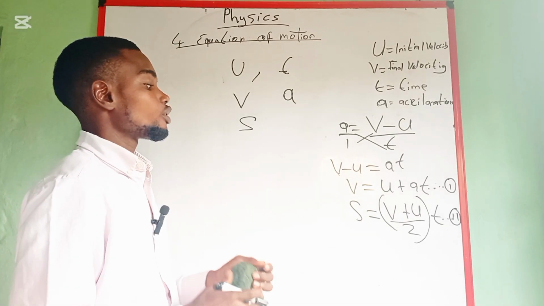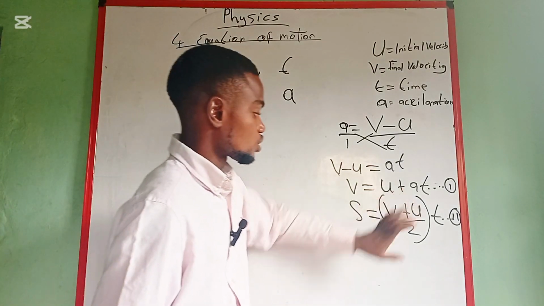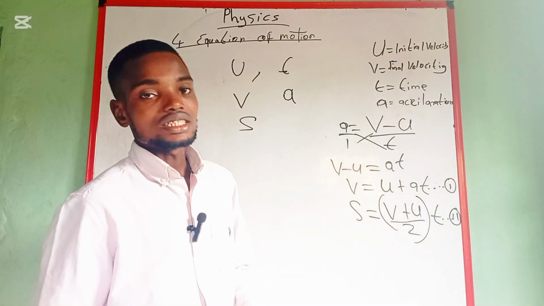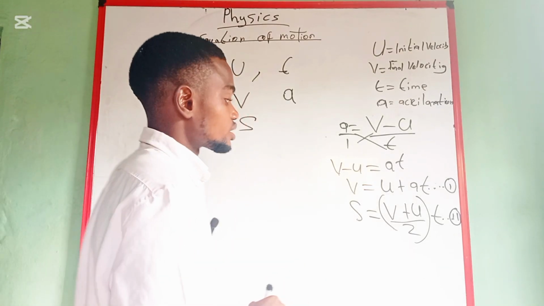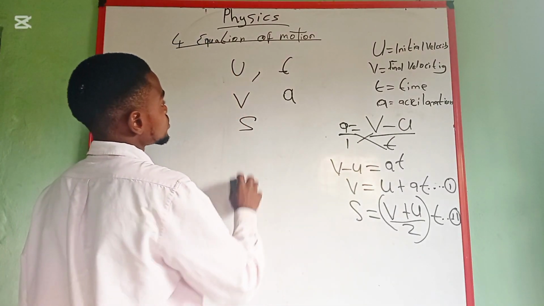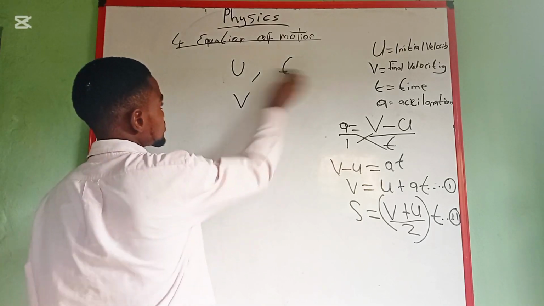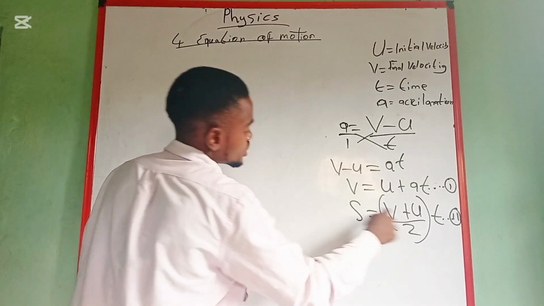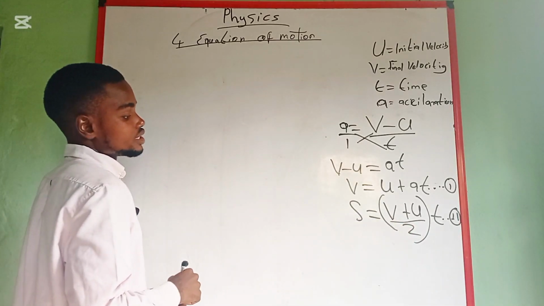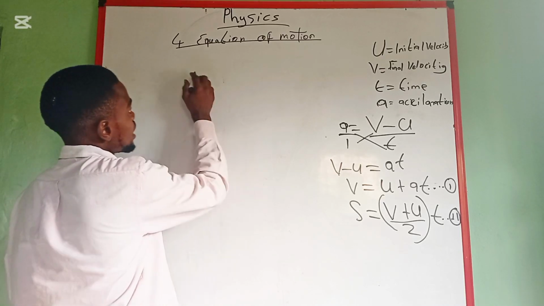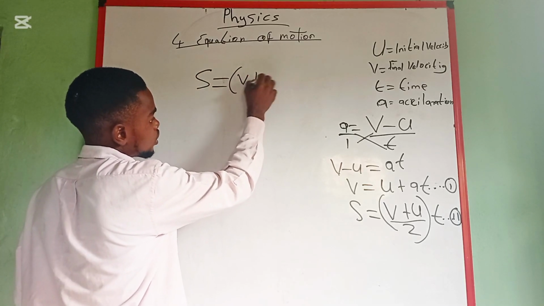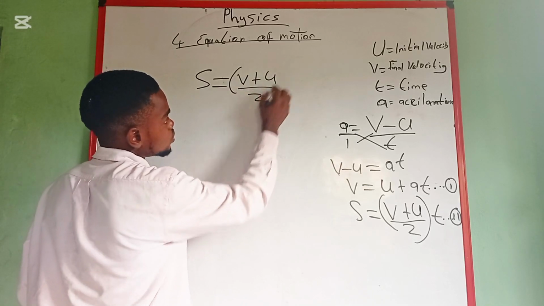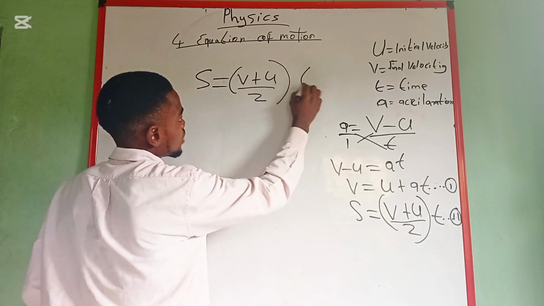All right. Now, from this, our second equation of motion, we are going to derive the third equation of motion. How are we going to do that? Now, considering that fact, I want to print this. This is the first, this is the second. Now, for the third equation of motion, we want to say that s is equal to bracket v plus u over 2 close bracket, and we have t.